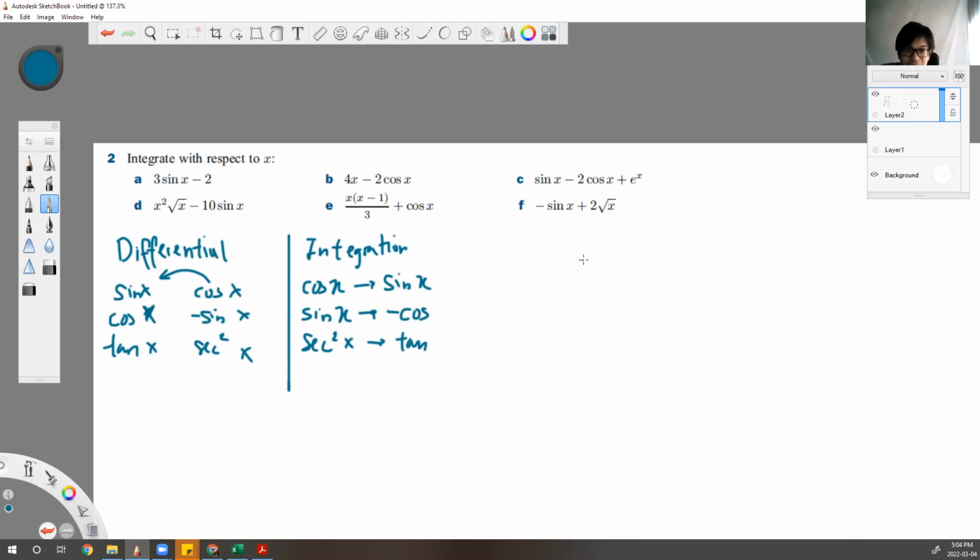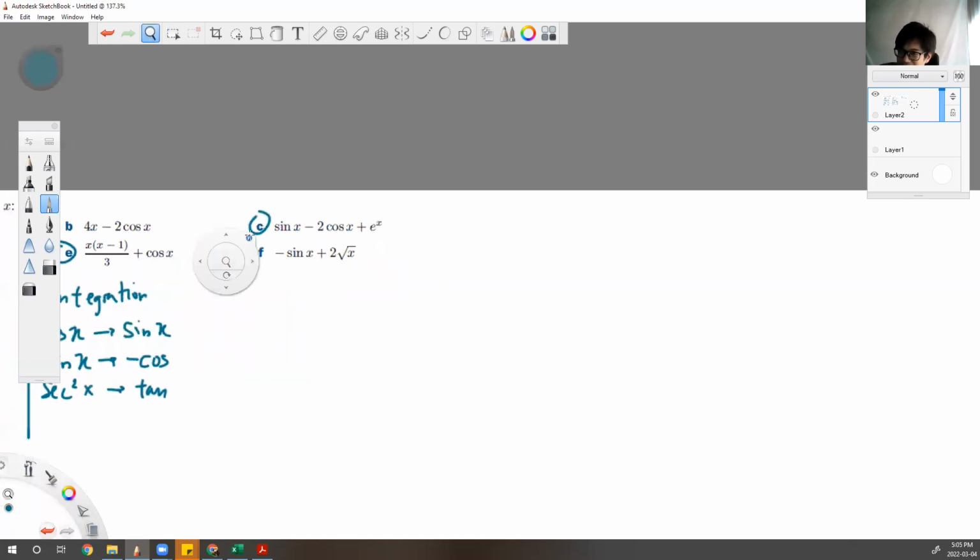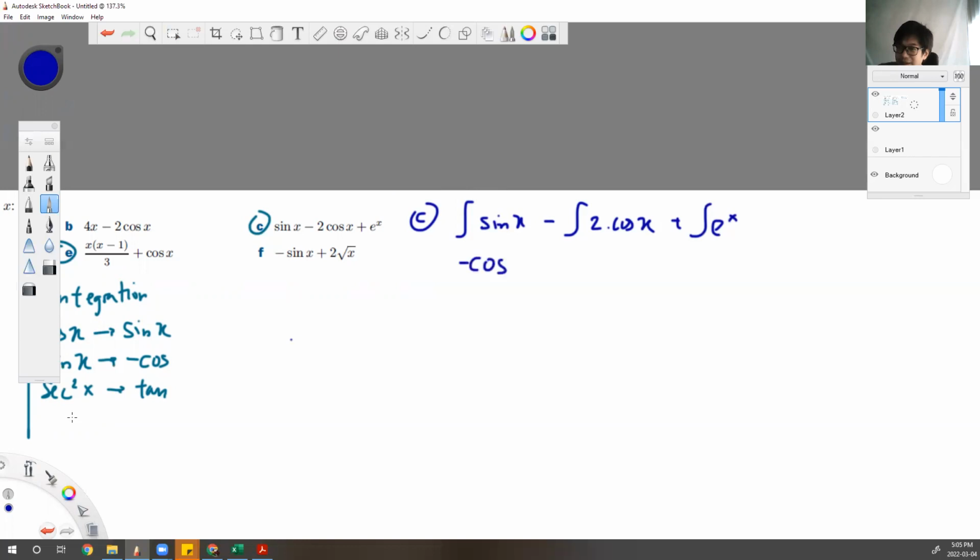So let's do question C. Just make it fast. This is an indefinite integral, so you don't have to find a value. Just integrate sine x minus 2 cos x minus e power x. If I integrate, sine becomes negative cos, as I already told you.